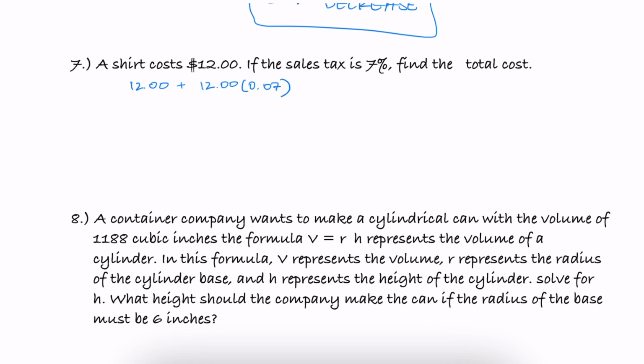Or you could completely scratch that and call it 12 times 1.07, which accounts for both the actual cost and the tax. Okay, so if you multiply that out, 12 times 1.07 will give you 12.84. So the total cost of the shirt is $12.84. Okay?